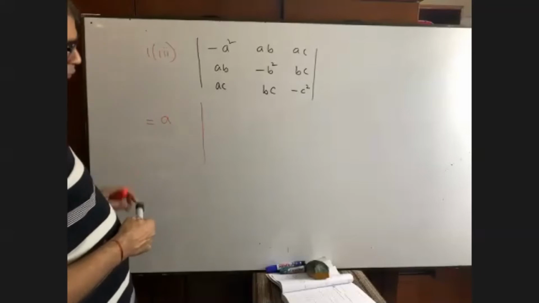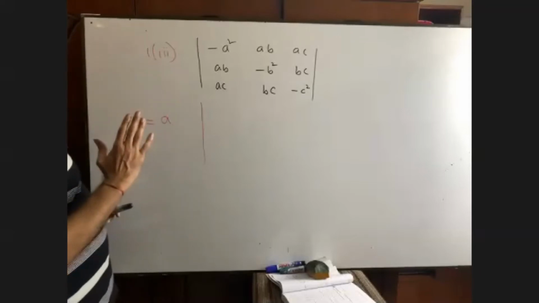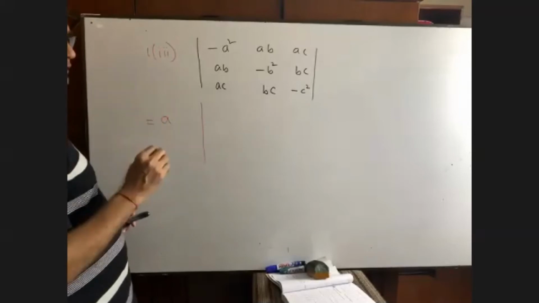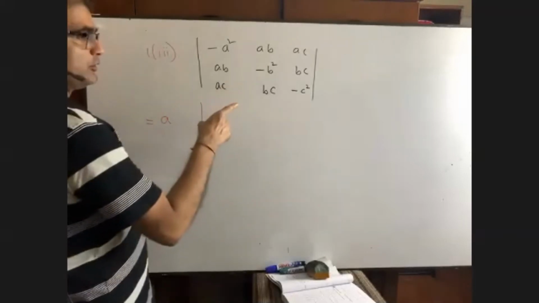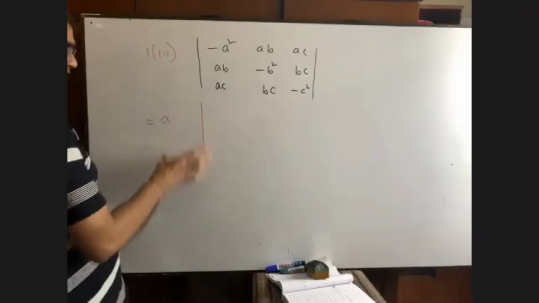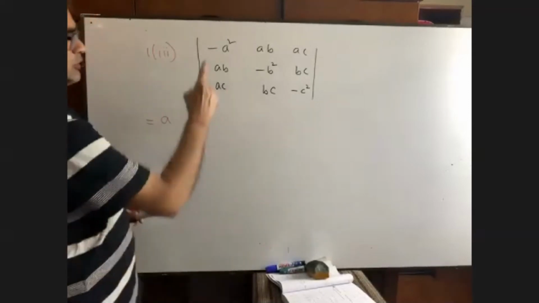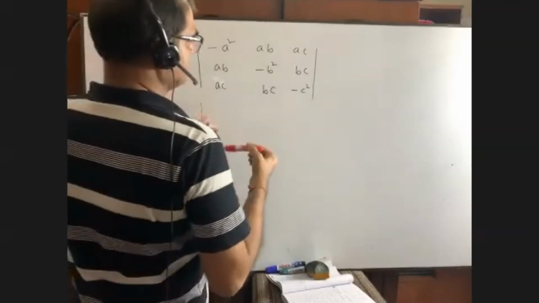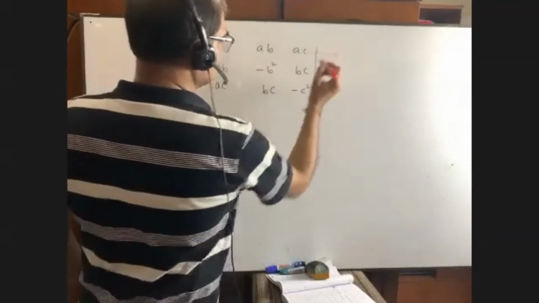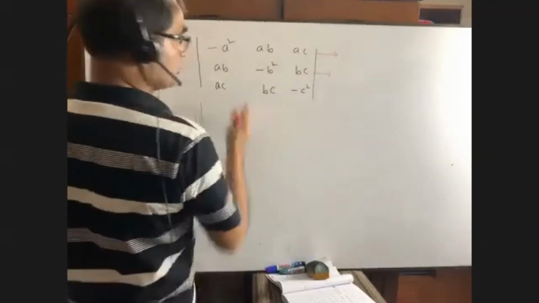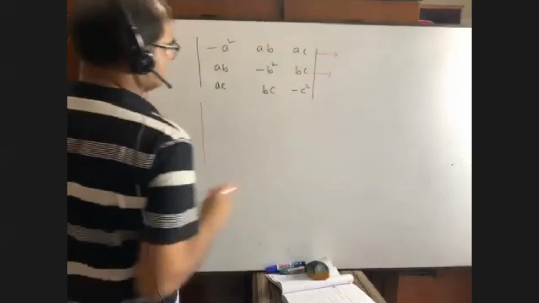If I consider first row, then I have to consider then second row. It is not that in the same line you will consider row and column together. No, I have considered first row here. It has been considered to take a common. Then I must consider now second row, not second column. So what can be taken common from second row?